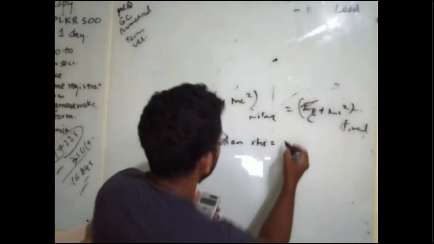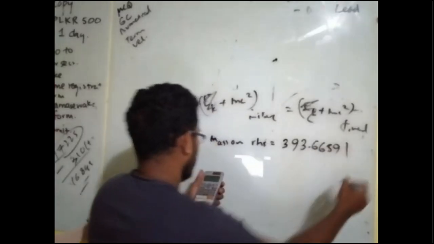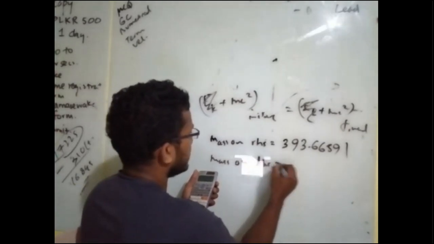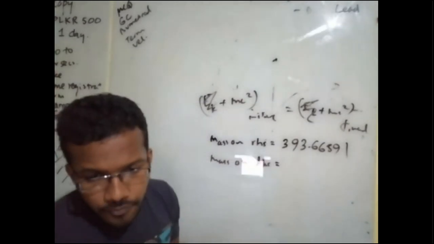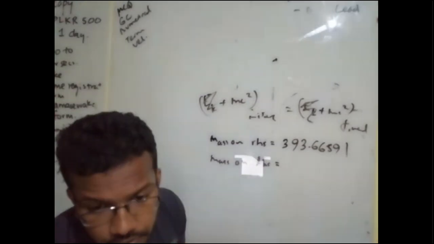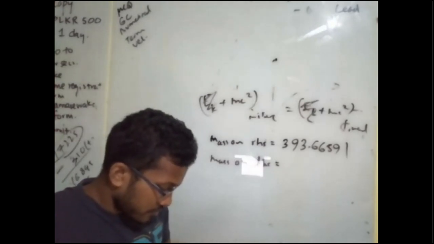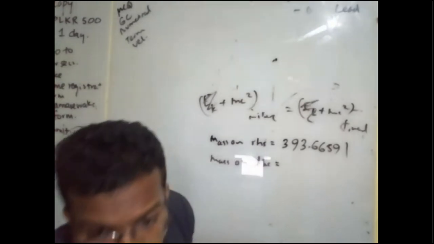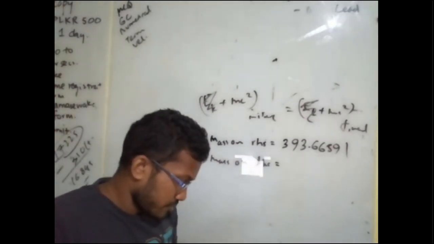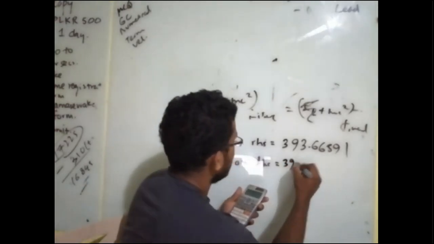So we're dealing with 393.66591. Then mass on left hand side would be one uranium and one neutron. That is 300.